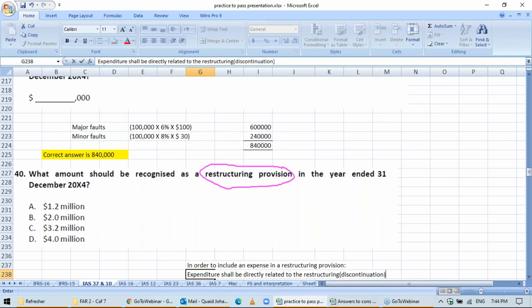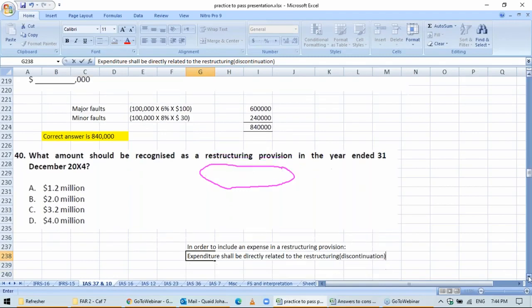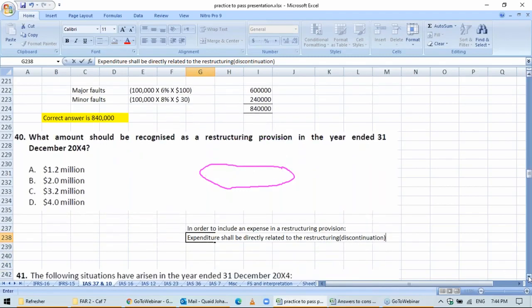Usually in restructuring, there will be a discontinuation. Like if they are switching a branch, they will be discontinuing one branch and going on to another. If they are making some employees redundant, they are not making that employee continue his work. If they are leaving a branch and telling the landlord that we won't continue the tenancy agreement with you, they are leaving a premises.